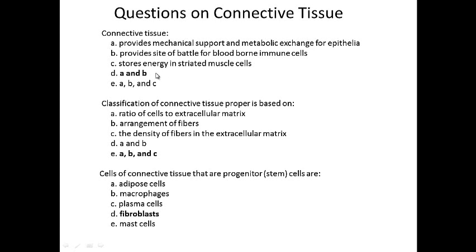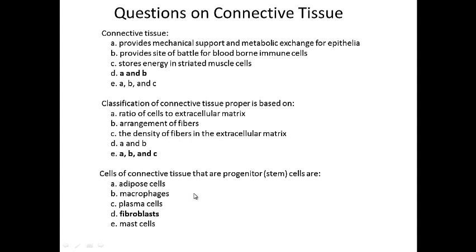So the answer is A and B. Classification of connective tissue proper is based on the ratio of cells to extracellular matrix? True. Arrangement of fibers, regular or irregular? True. The density of fibers in extracellular matrix? True. The answer is E. A, B, and C. All three of these are used to classify connective tissue.